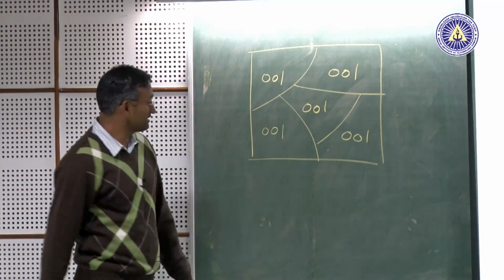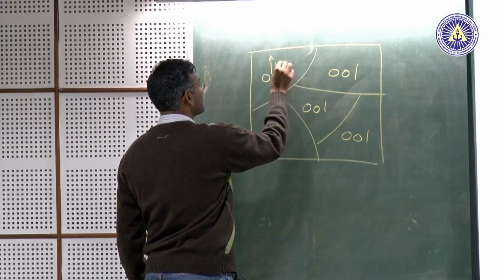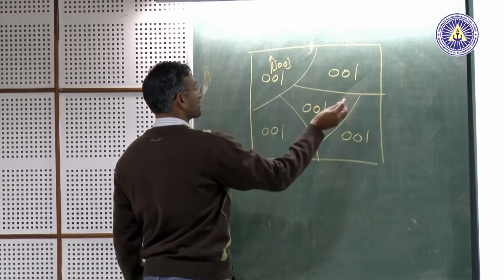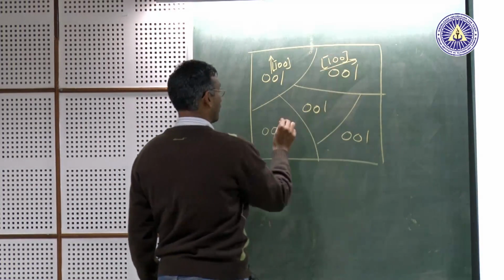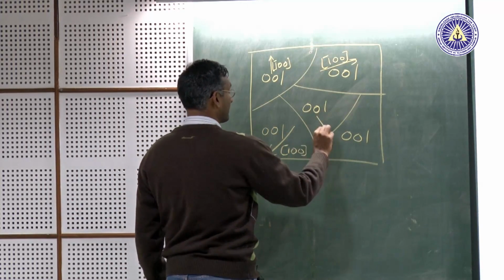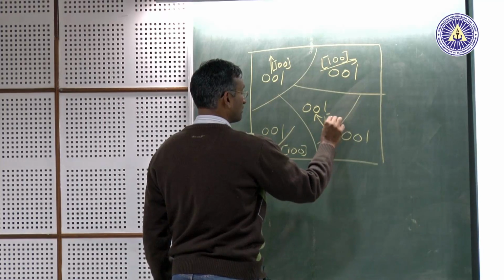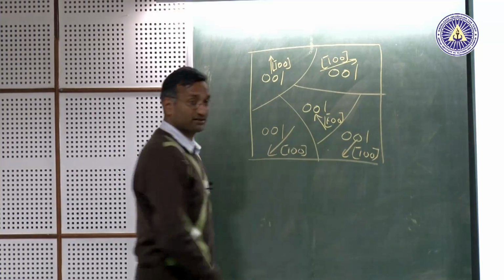Let us say this direction is 1, 0, 0. For this grain 1, 0, 0 is in this direction, for this grain it could be in this direction, for another grain in this direction, and for this grain again in some other direction.